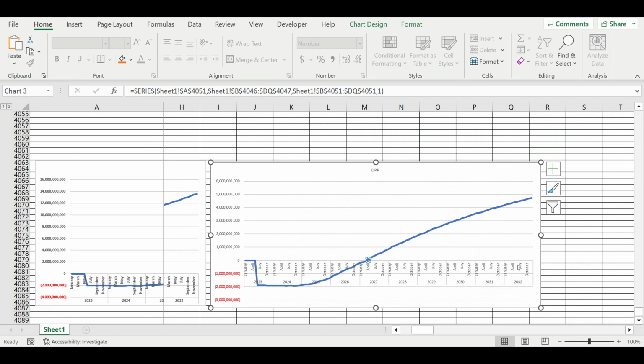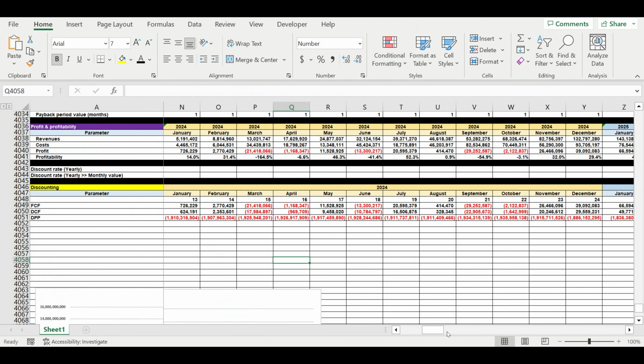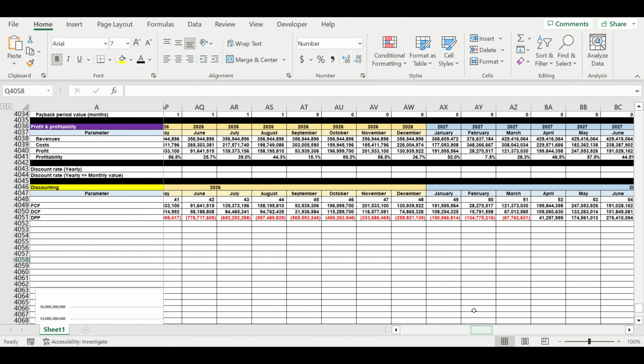So this is the moment somewhere, for example, maybe April 27, when the diagram turns from negative to positive, from red to black. So this is the moment when the discounted payback period occurs. So if we go up, here it is, April 27.